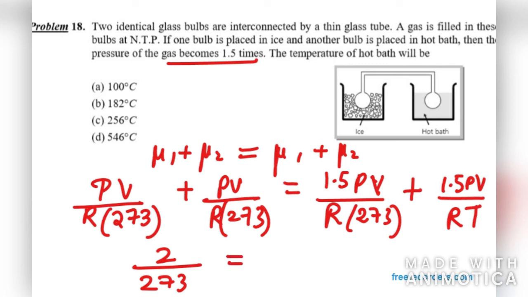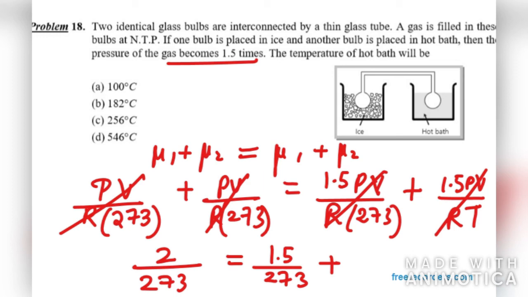On the right hand side you are left with 1.5 over 273 plus 1.5 over T. When you solve this you will get T equal to 819 Kelvin, or you can write it as 546 degrees Celsius. So the last option is the correct one.